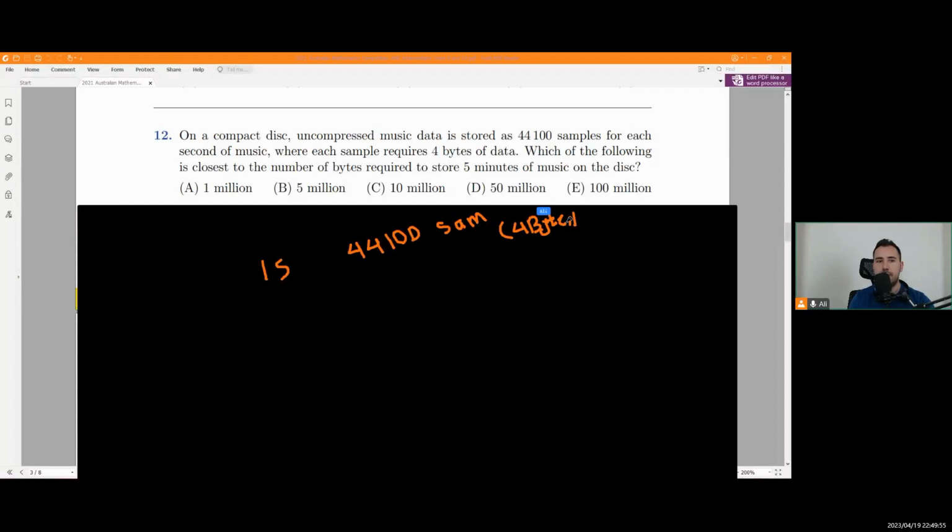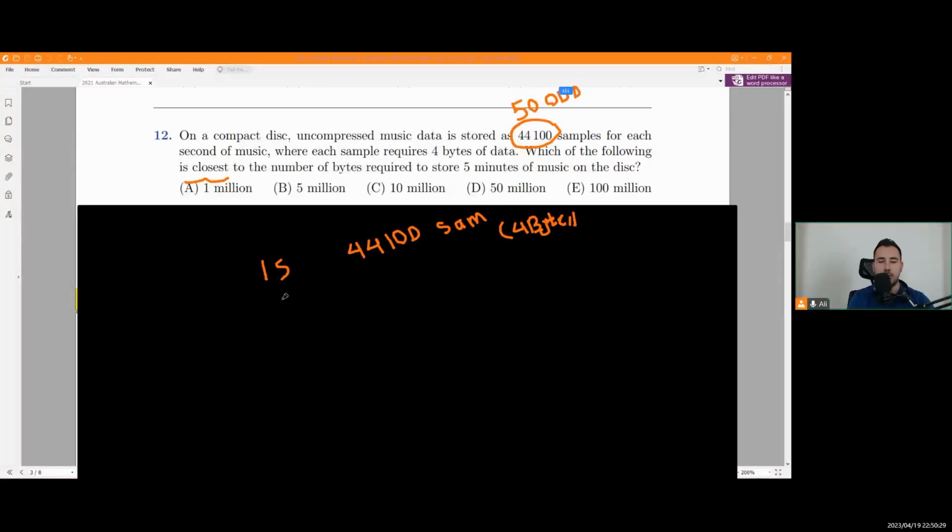Which of the following is closest, important word, to the number of bytes required to store 5 minutes of music on the disk? Closest means we're going to round it, but look at the options. They're too far apart, so we could round it with a lot of safety. I'm going to round it to 50,000.